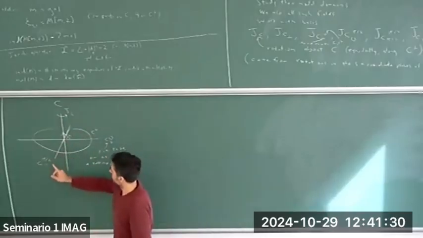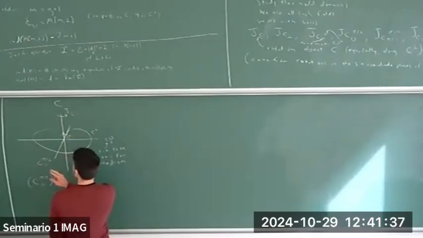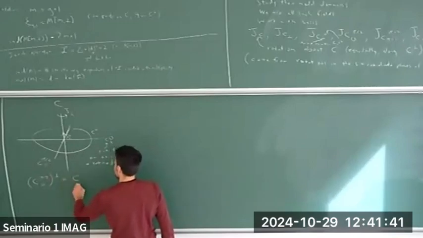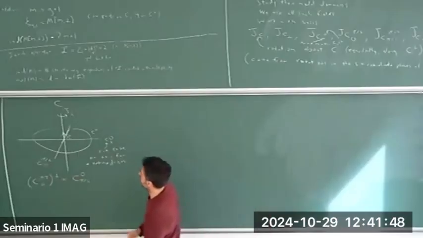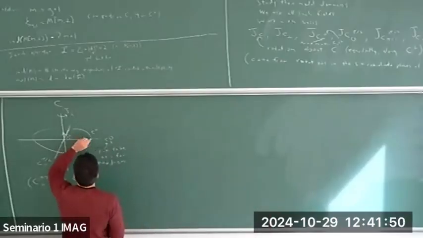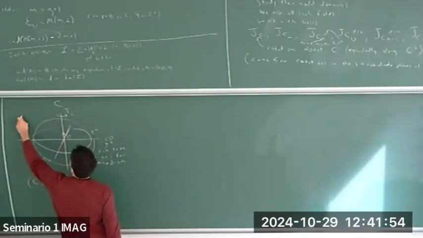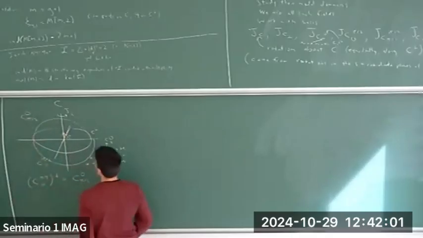So the orthogonal complement, for example, of C, the orthogonally complementary circle is going to be the circle C pi over 2, 0.